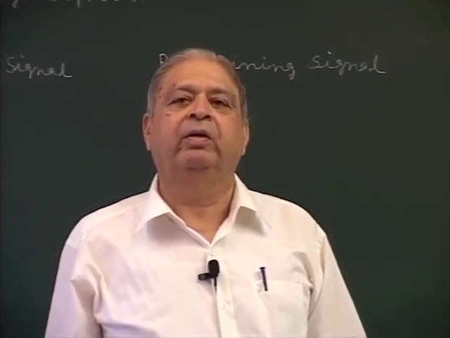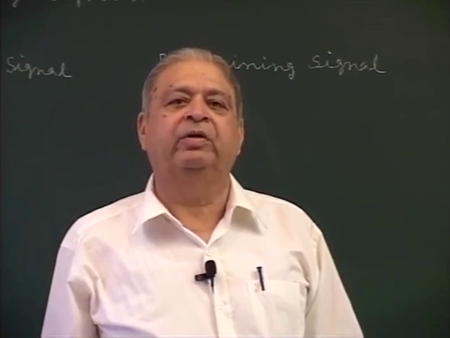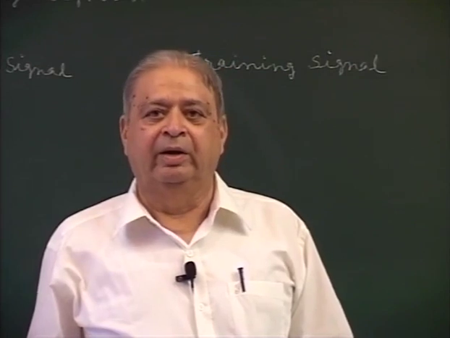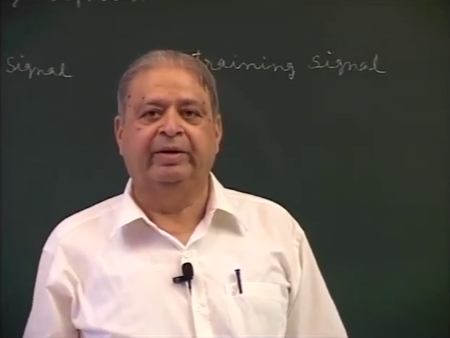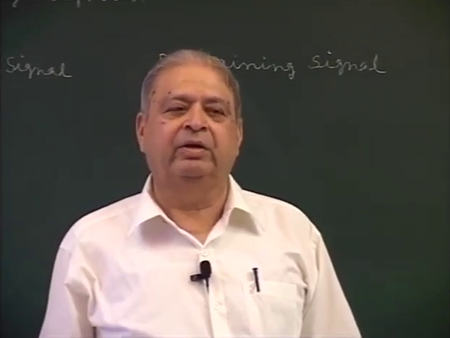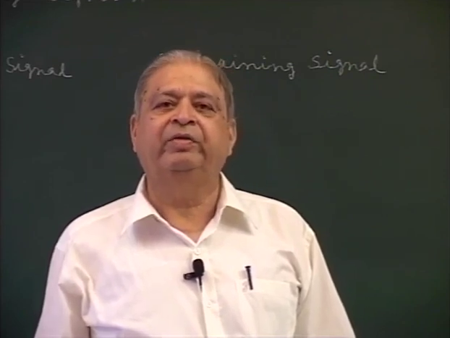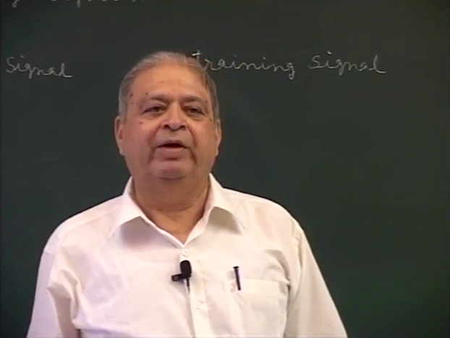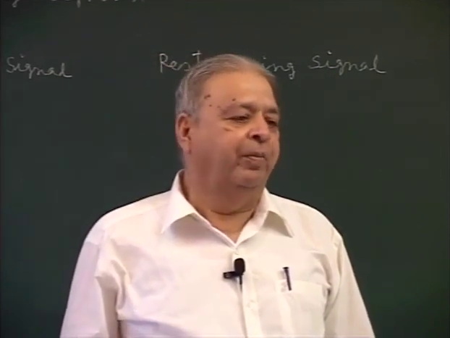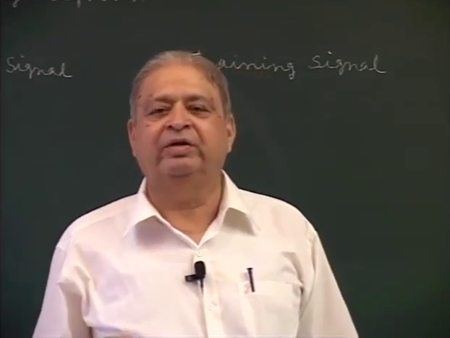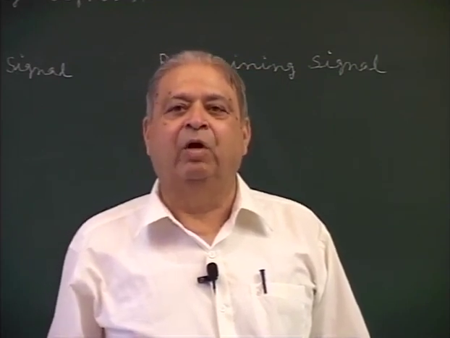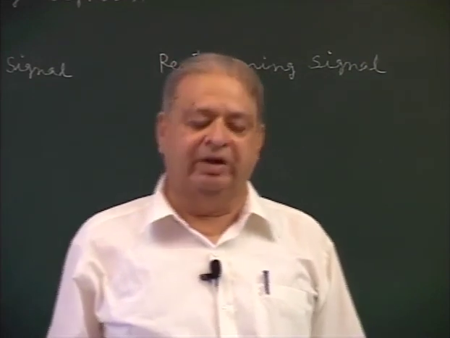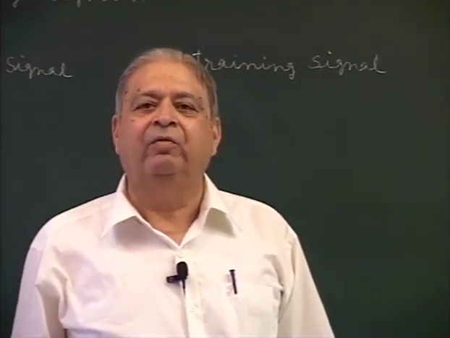One is called the operating signal, which means this signal will try to operate the relay to trip the circuit breaker. The other is the restraining signal, which will prevent the relay from operation. So when the operating signal is more than the restraining signal, the relay will operate. And when the operating signal is less than the restraining signal, the relay will not operate.